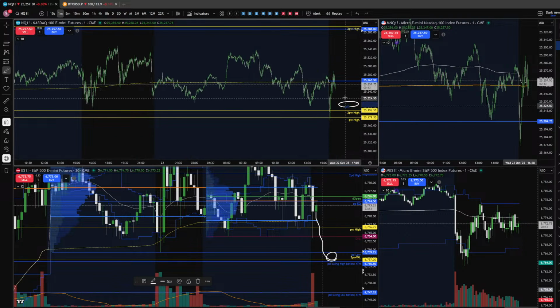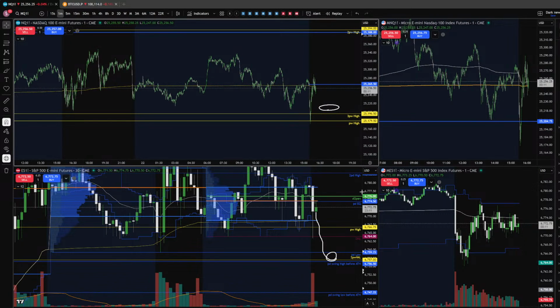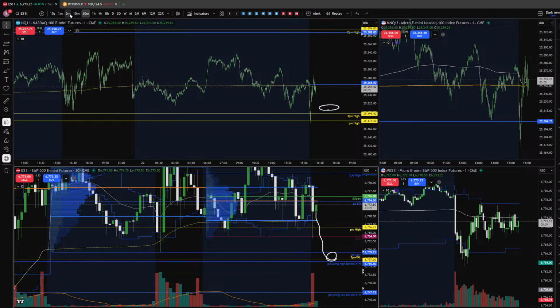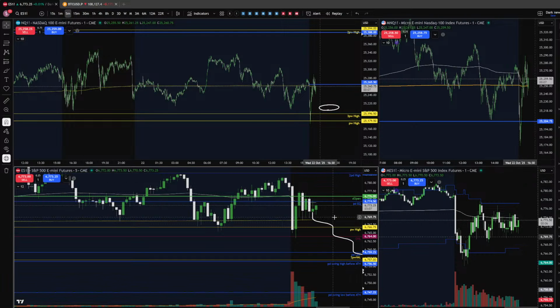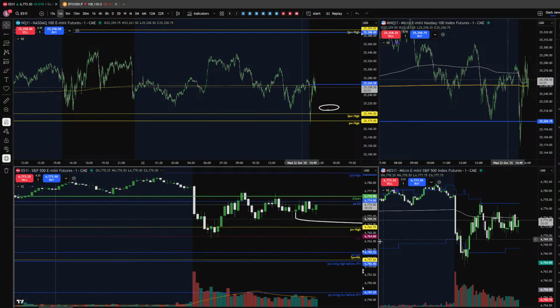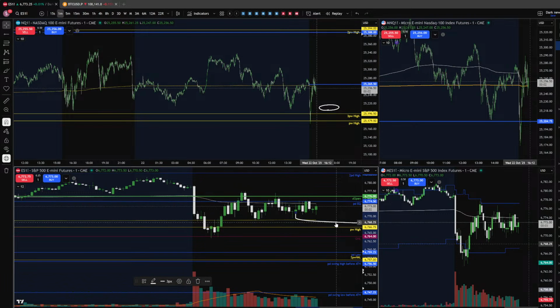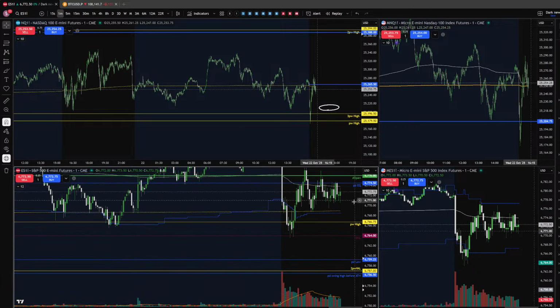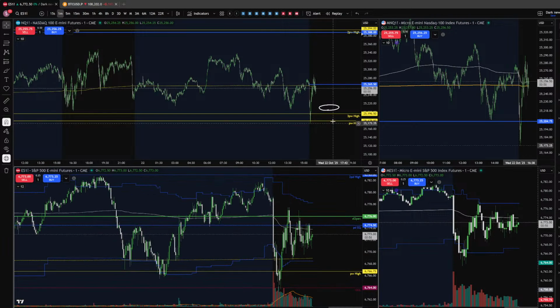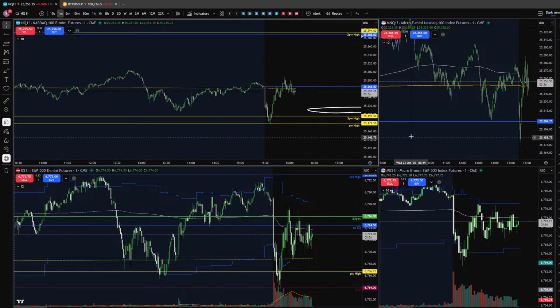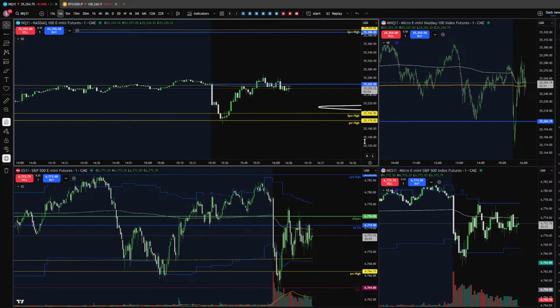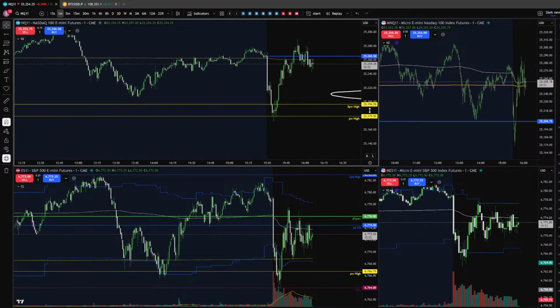Okay, so basically we would search for a divergence in price that would look something like this. You can see how these two are moving differently now.